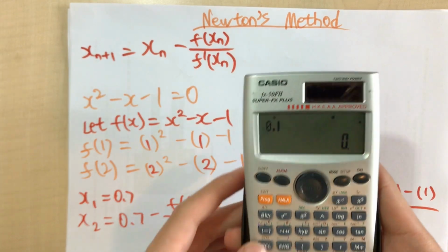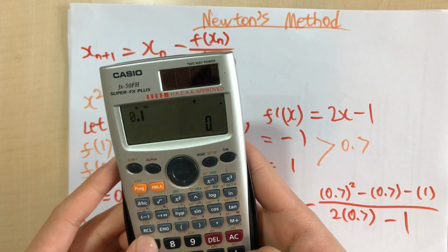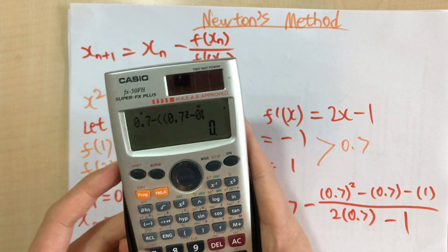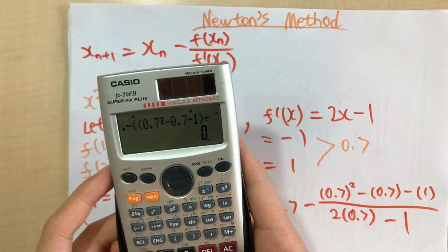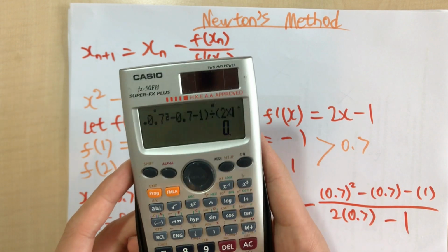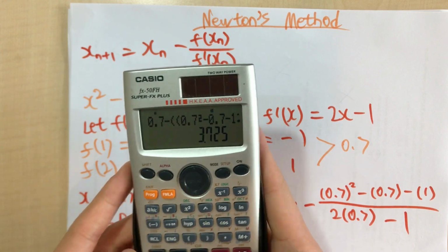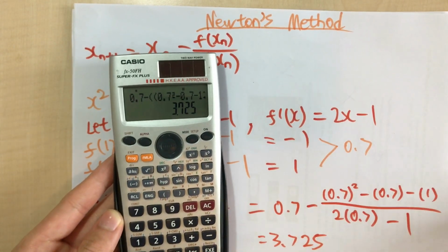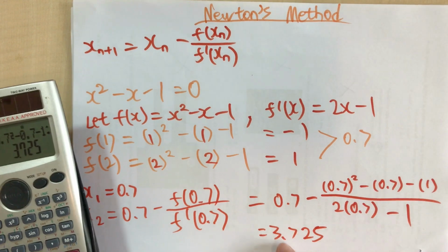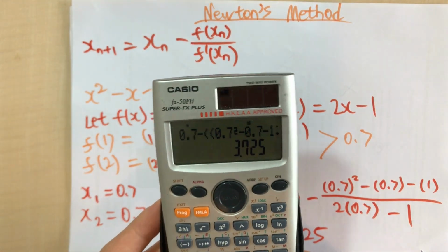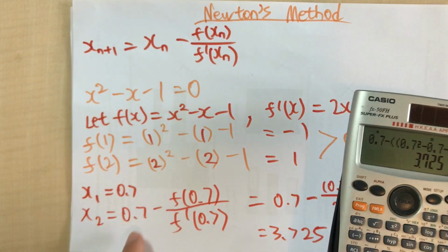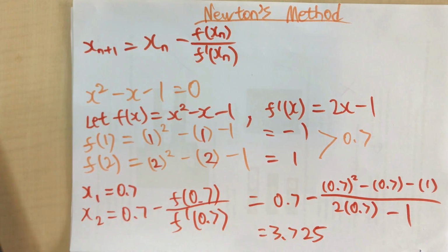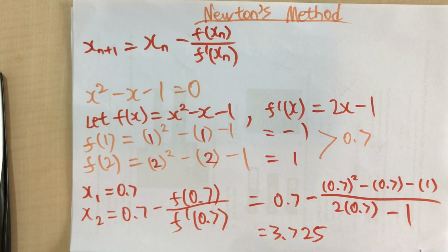And now let's use a calculator. 0.7 minus 0.7 squared minus 0.7 minus 1 divided by 2 multiply 0.7 minus 1, and we get 3.725. Now this is at some point close to the solution, right? But every time we iterate this pattern, we will get more accurate answers. And this is why Newton's method is interesting.